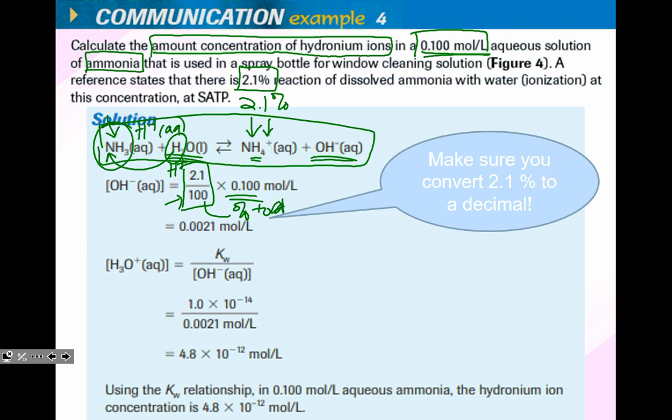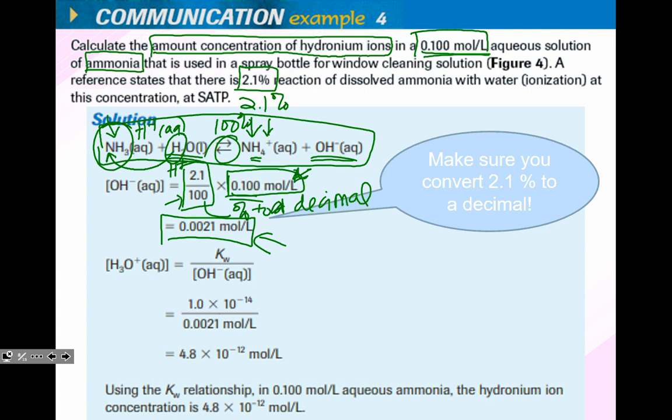And we need to multiply it by the decimal version of what 2.1% is, to get us our new concentration, moles per liter, because it's 0.0021. You have to use this, kiddos. Using 2.1 is false. It's making the assumption that this is 100%. And it's not, because it's that double arrow.